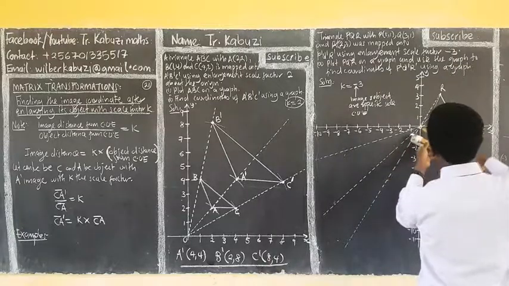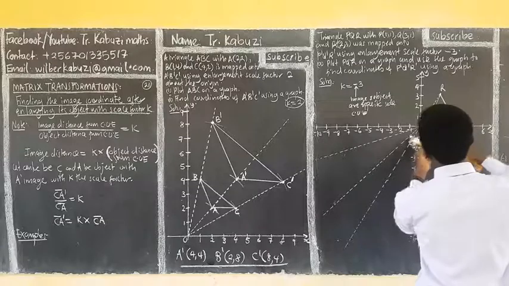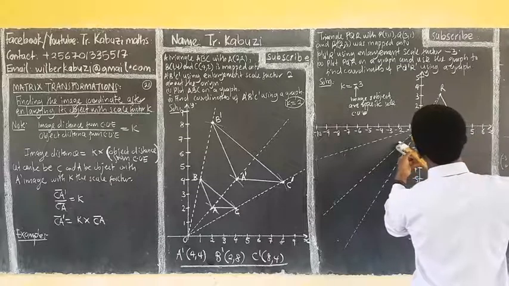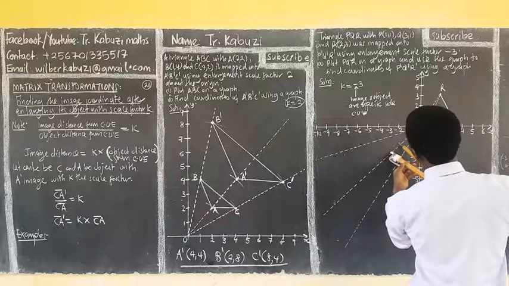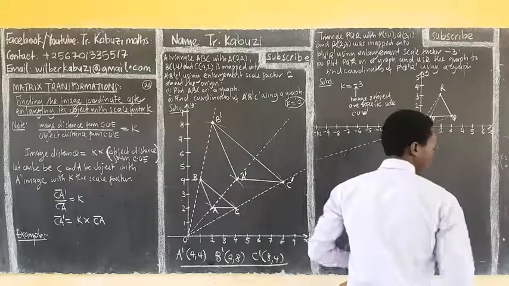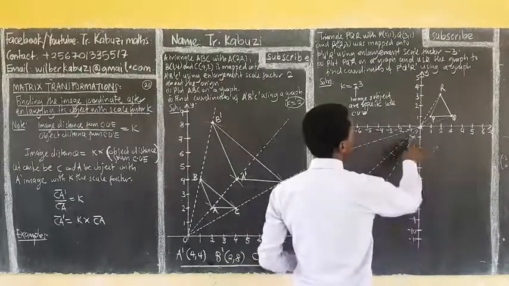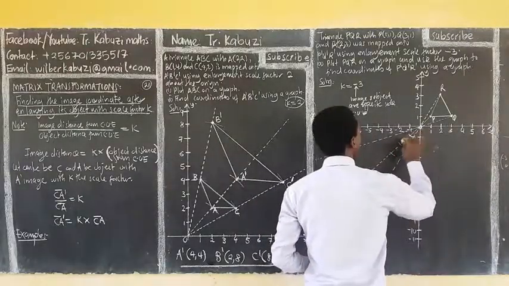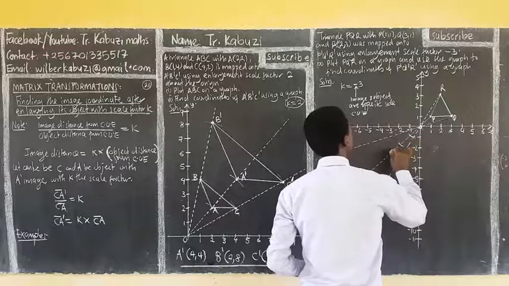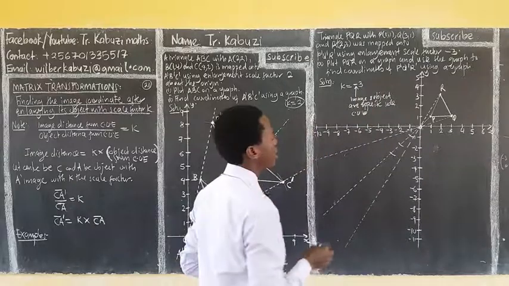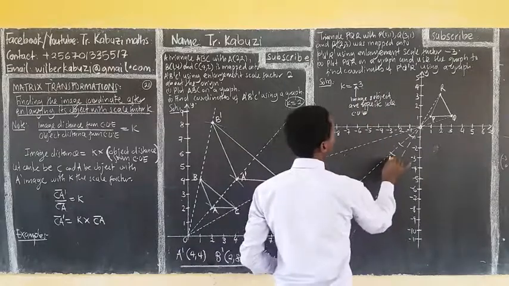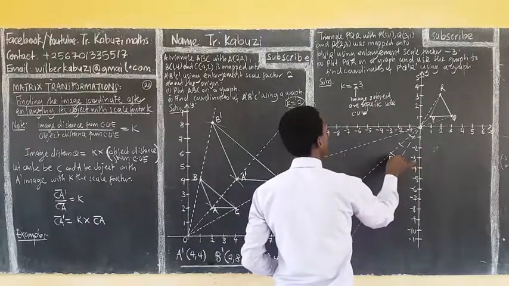This is my first, then the second, then the third, which is going to be there using your ruler. I'm measuring this distance 3 times. So this is where my P prime is going to be.